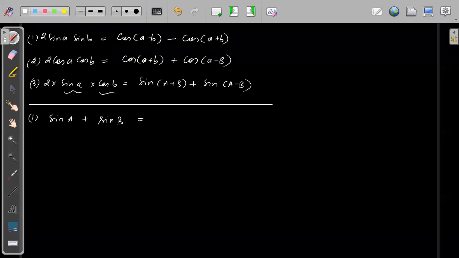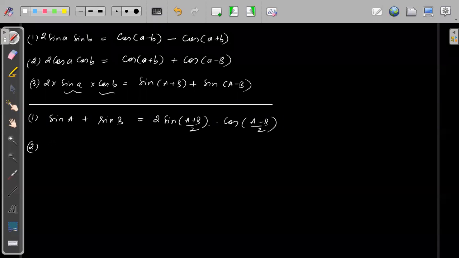It's the same form. So what is sin A plus sin B? Very good. 2 sine of A plus B by 2 into cos of A minus B by 2. Everybody remembers this? Very good.